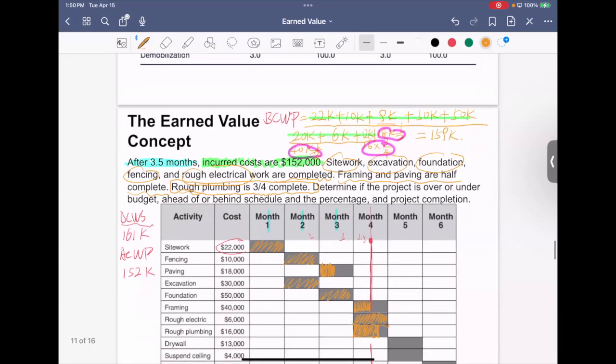So we have the BCWP is 159K. Now we get all this useful information. Is that correct? Okay. Do you guys have any questions over here? Are you good with it? Okay.